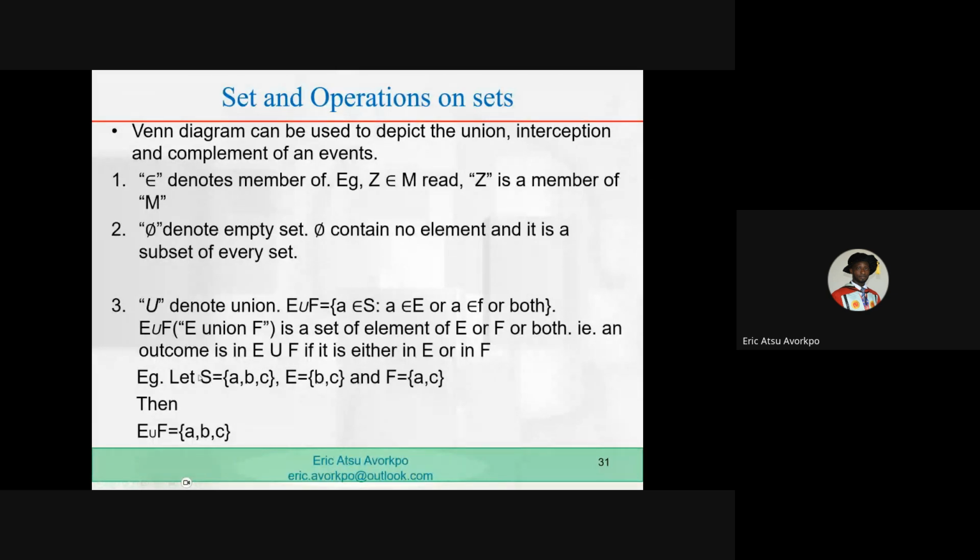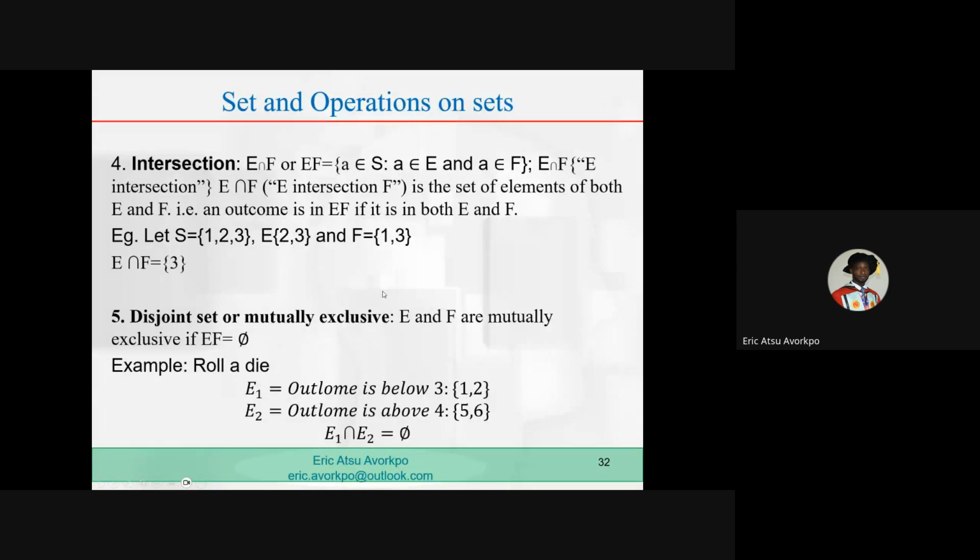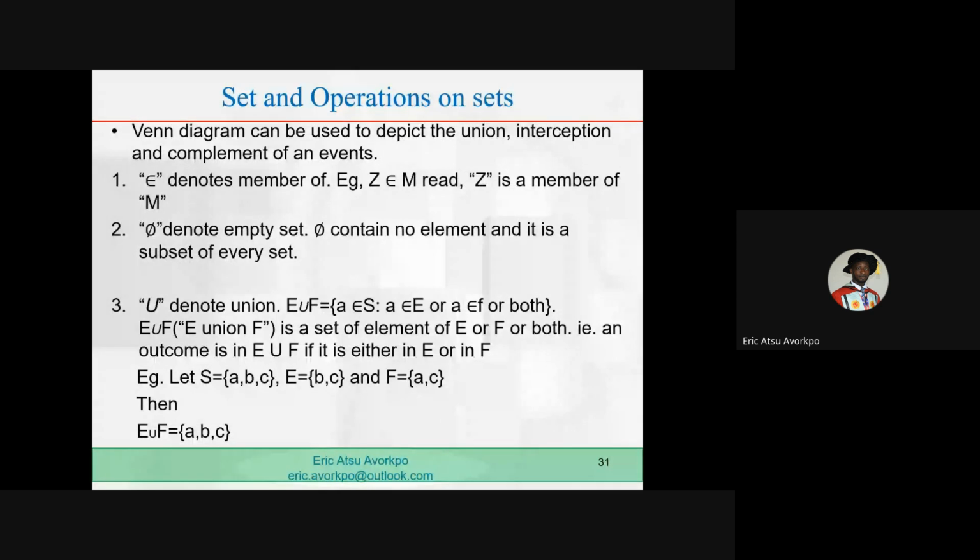A typical example is that, let's say, we have a sample space A, B, C, and class E is B and C, and class F is A and C. So if I say E union F, it means I will list all the elements in E and all the elements of F to get the union.